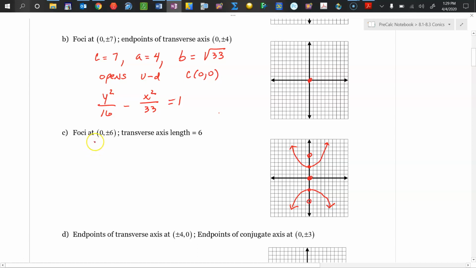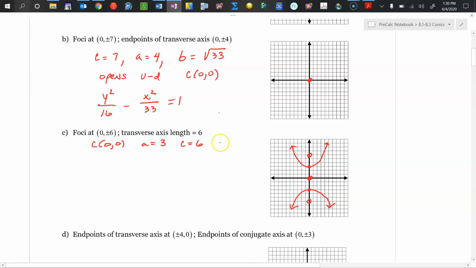So what do we know? We know center at 0, 0. We know that A is equal to 3. We know that C is equal to 6. And we know that A squared plus B squared is equal to C squared. So what number do I have to add to 9 to get 36?